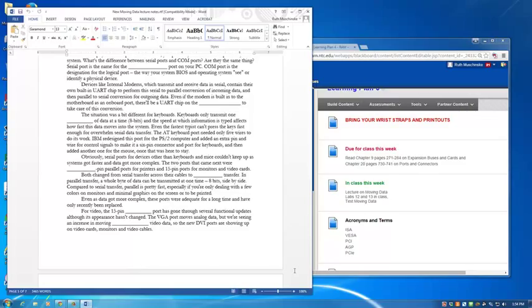The situation was a bit different for keyboards. Keyboards only transmit 1 byte of data at a time, in other words 8 bits, and the speed at which information is typed affects how fast this data moves into the system. Even the fastest typist can't press the keys fast enough to overwhelm serial data transfer.